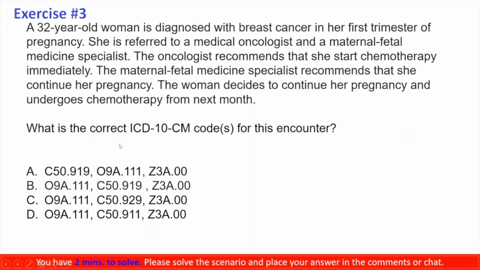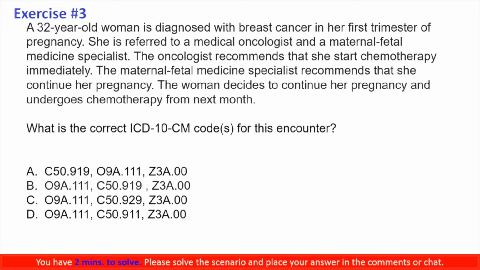Here we go. What is the correct ICD-10-CM codes for this encounter? Your options are option A, C50.919, O9A.111, Z3A.00. Option B, O9A.111, C50.919, Z3A.00.